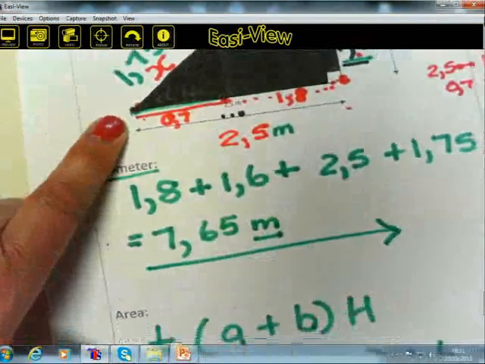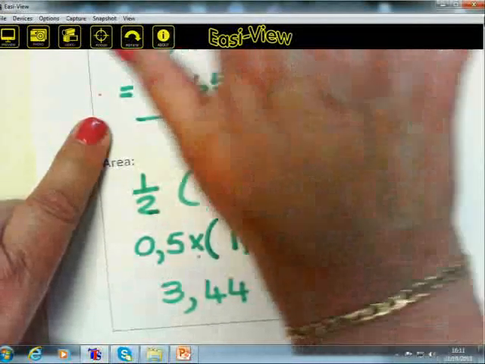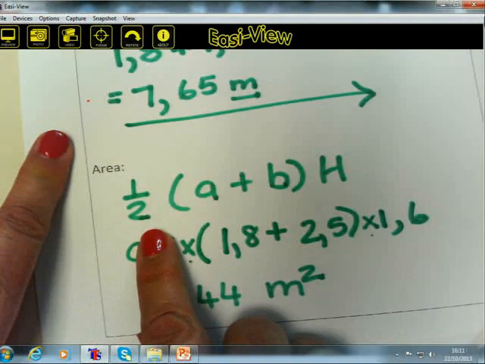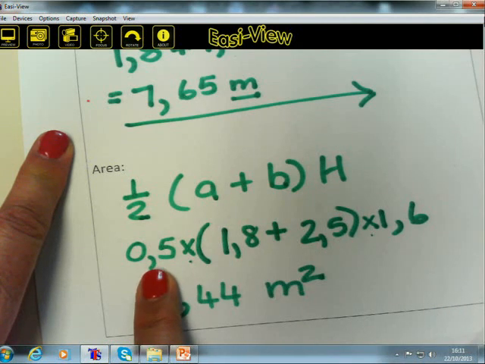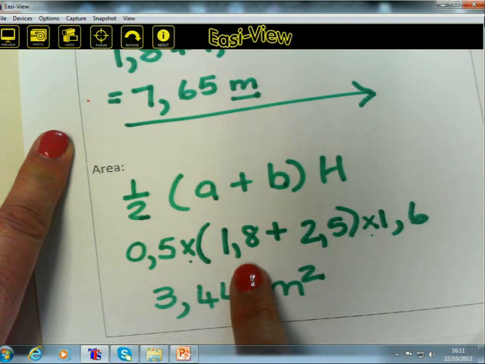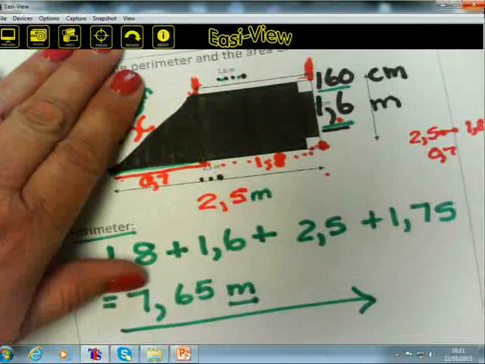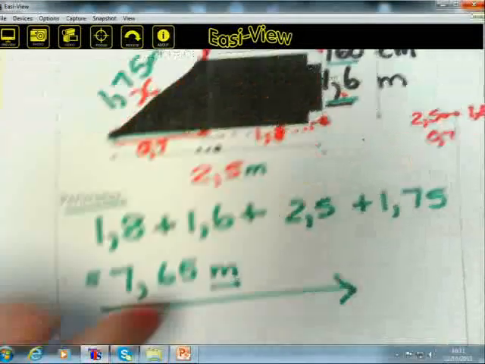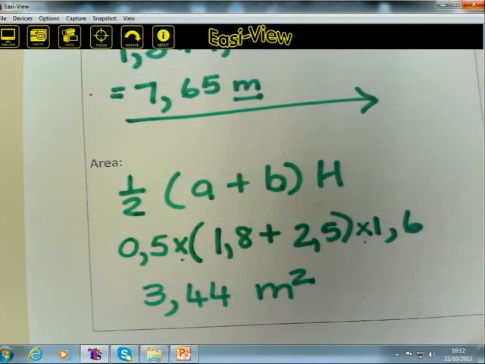When I want to calculate the area of my swimming pool, that means I want to put tiles on the floor of my swimming pool. Then I use the formula half A plus B times H. Half is, the decimal for a half is 0,5 times 1,8 plus 2,5, the two parallel sides of the trapezium, times the height of the trapezium, and that gave me 3,44 meters square.